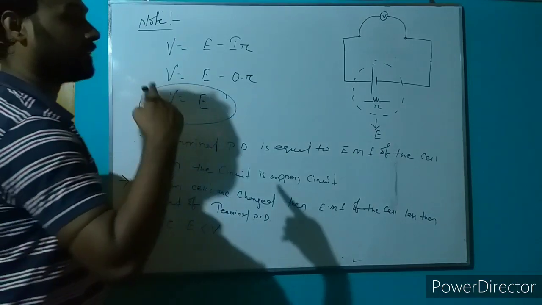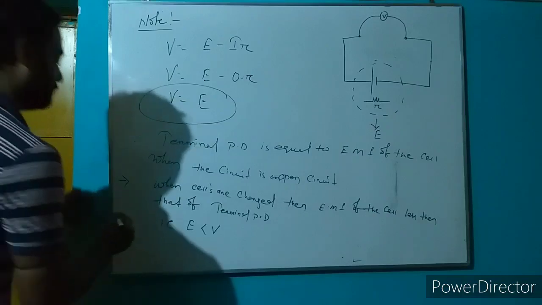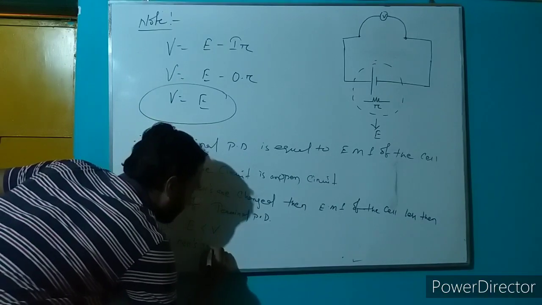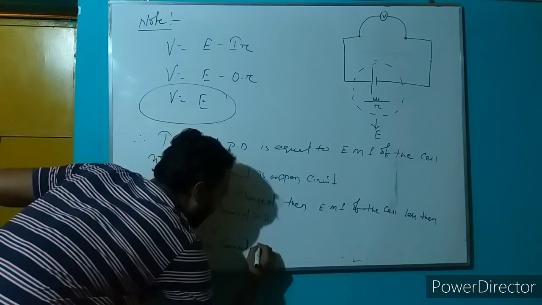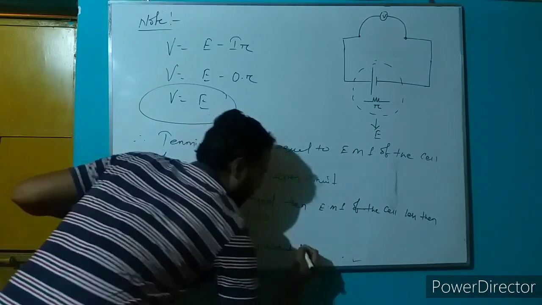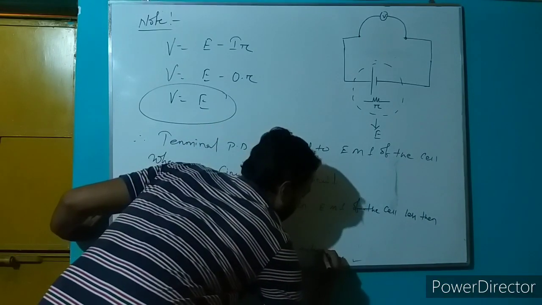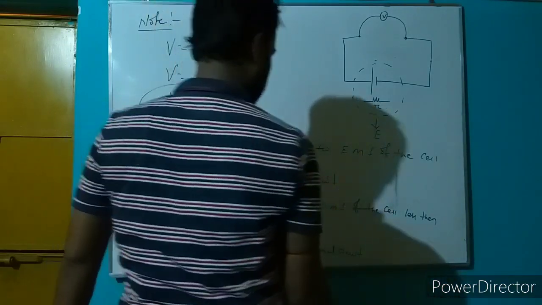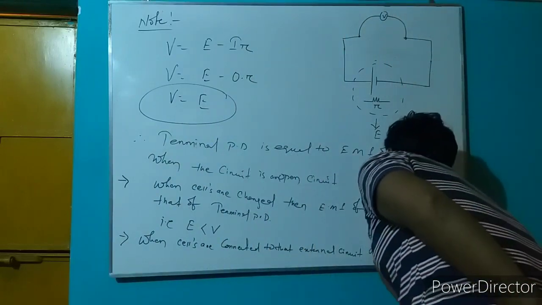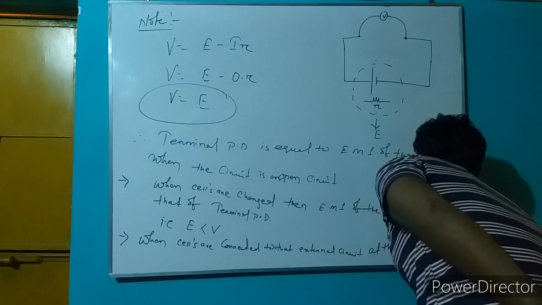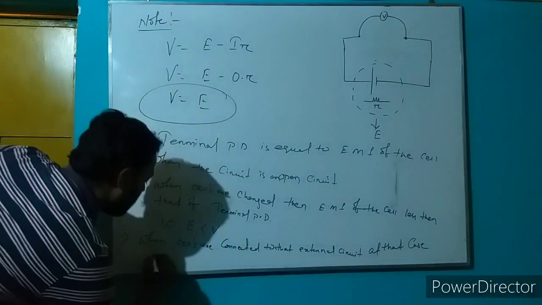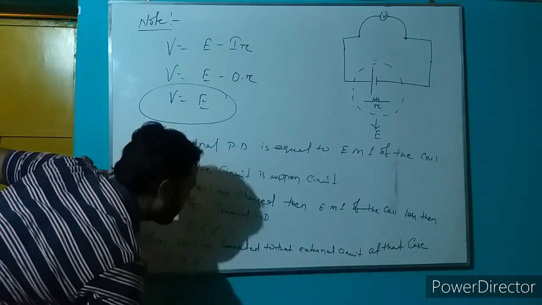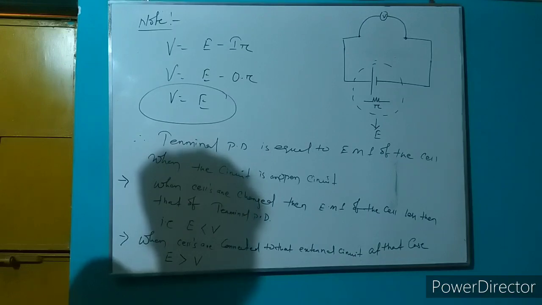When cells are connected to an external circuit, at that case the EMF of the cell is greater than the terminal potential difference of the external circuit.